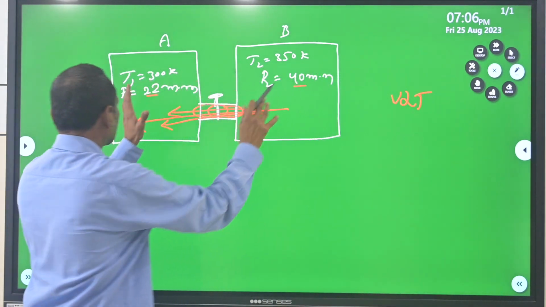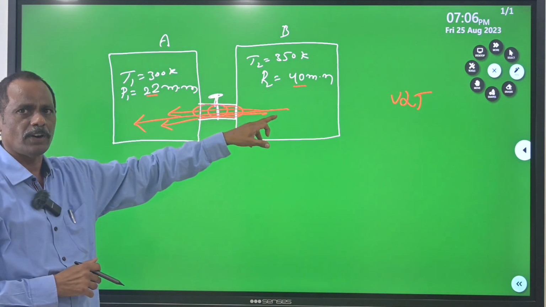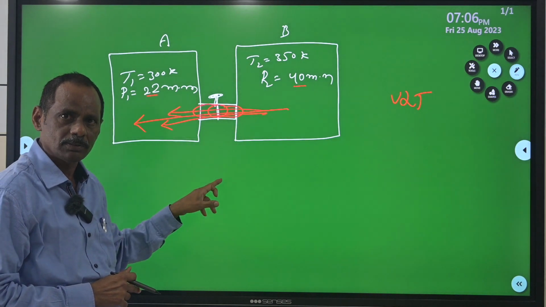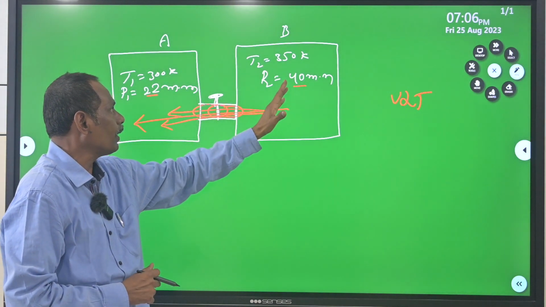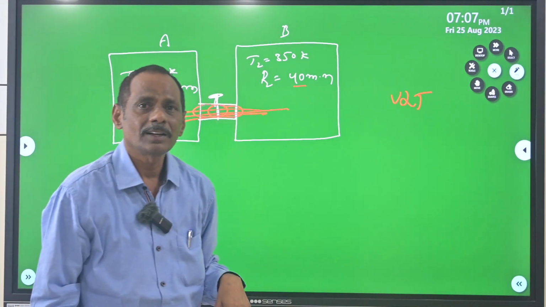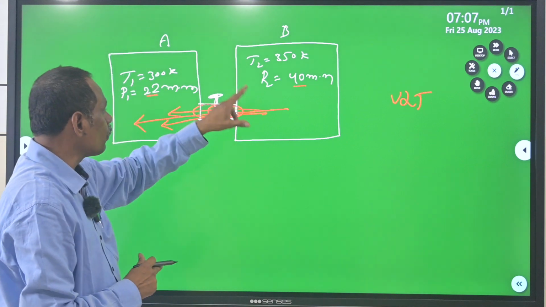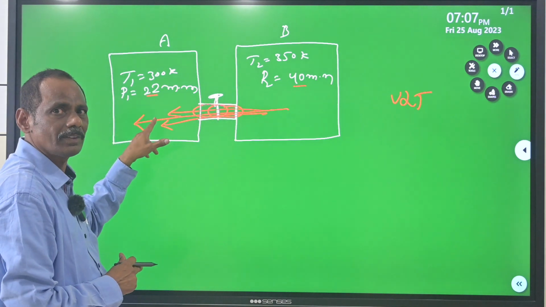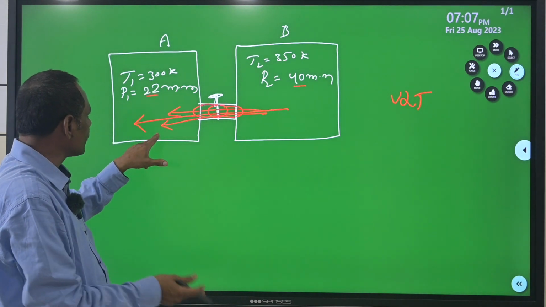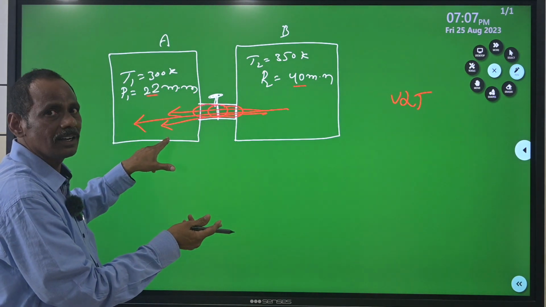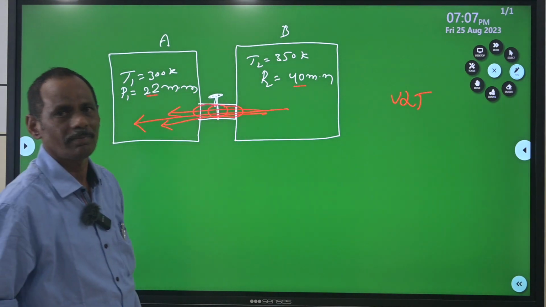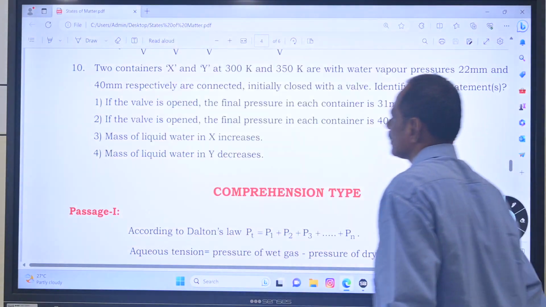Therefore, if these two containers with 22 millimeters pressure and 40 millimeters pressure, and 300 kelvins and 350 kelvins, are connected through the valve, then the more water vapor present in B tends to flow into A. As a result, more water vapor passes to A. Therefore, the liquid water will increase in A and the liquid water will decrease in container B. Yes, let us see the options.